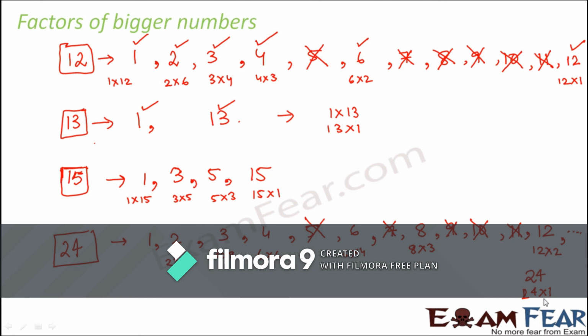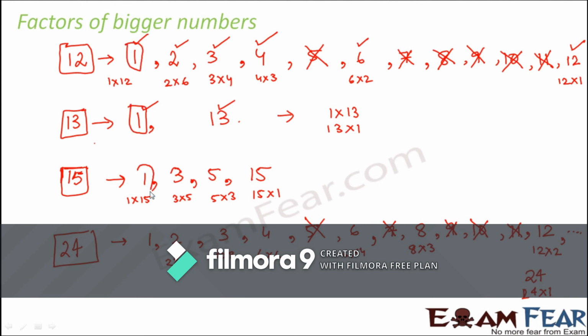So from this list, are you observing certain things? One thing we observed is a factor has to be an exact divisor of that particular number. Second thing that we observed is factor of a number is always less than or equal to the number. Another thing that you would observe is 1 is a factor of all numbers.